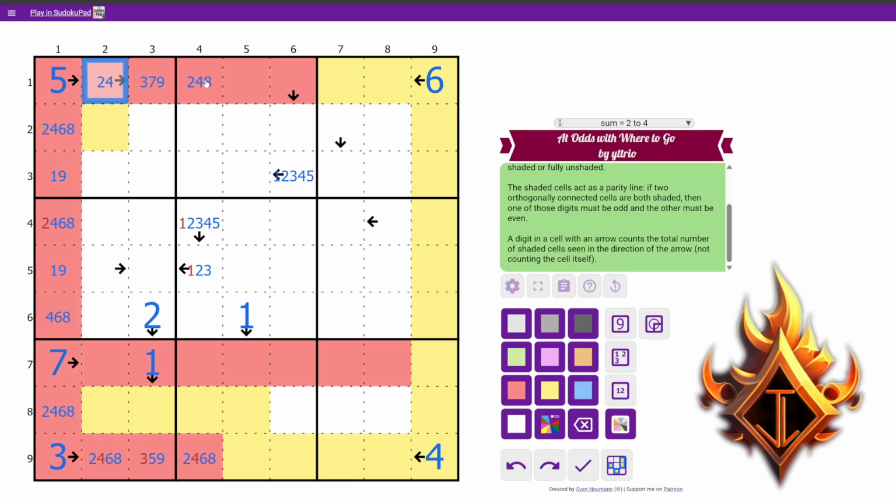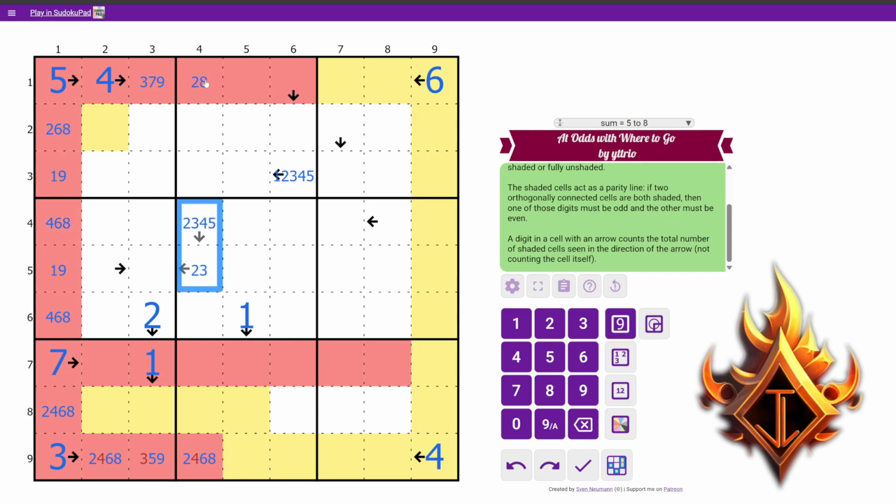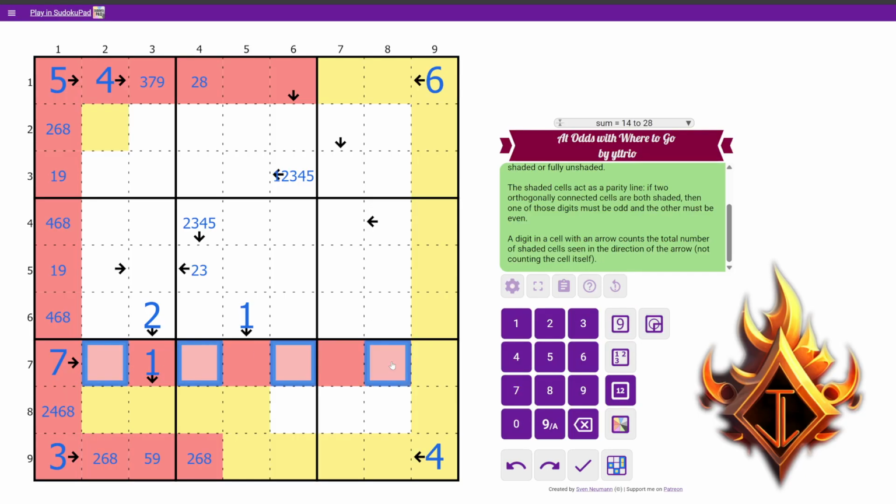Tidy these up real quick. That is a 4. Okay. So now all of these are the even.